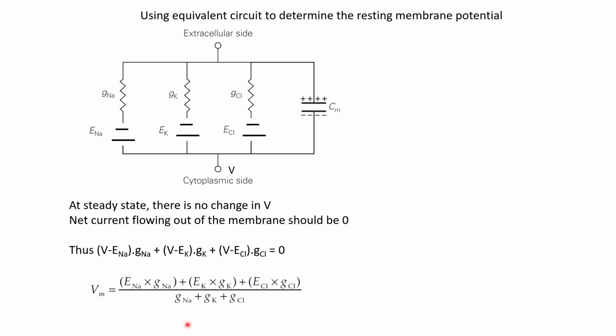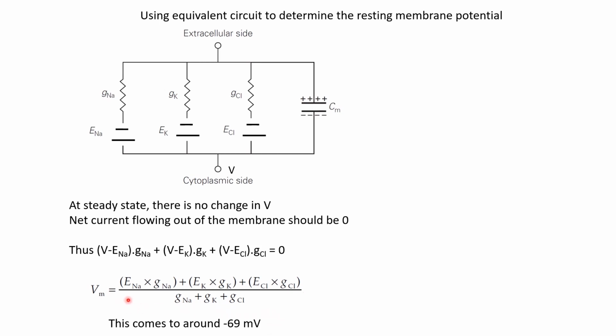So this will be the resting membrane potential for this neuron if these are the three channels that are controlling the membrane potential. And if we plug in the values for the squid axon, then we get values around minus 69 millivolts, something between minus 65 and minus 70 in most neurons.